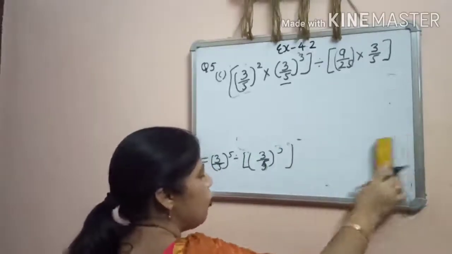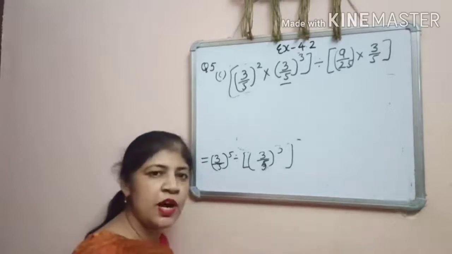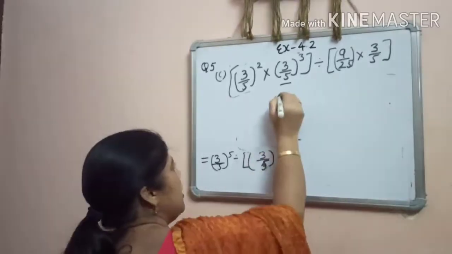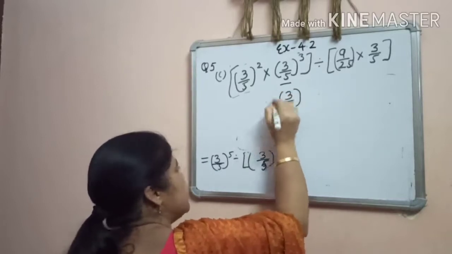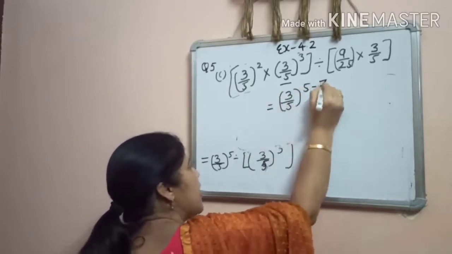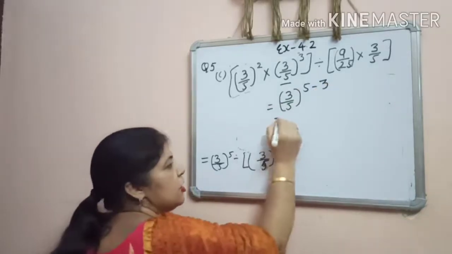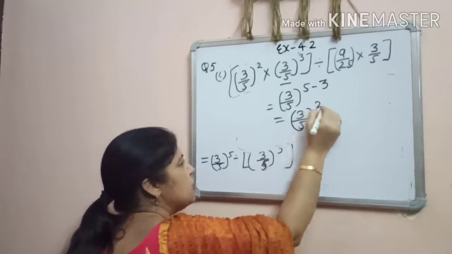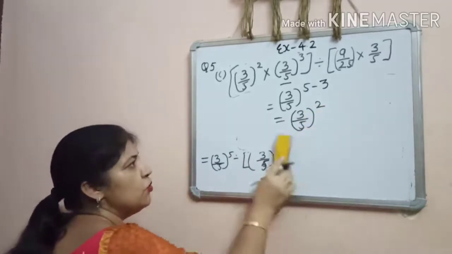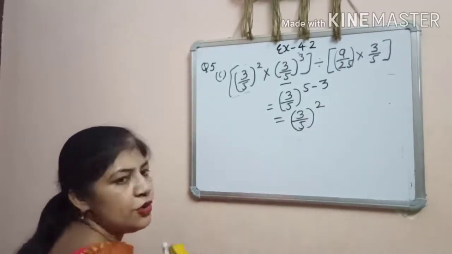You have to write all the laws which you are using. Okay. So you will get 3 by 5 raised to the power 5 minus 3. You will get 3 by 5 raised to the power 2. 5 minus 3, 2.